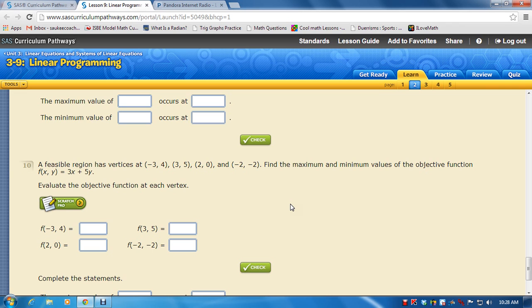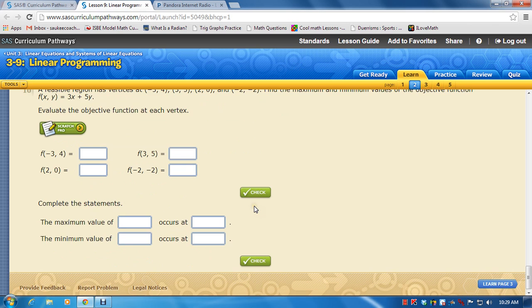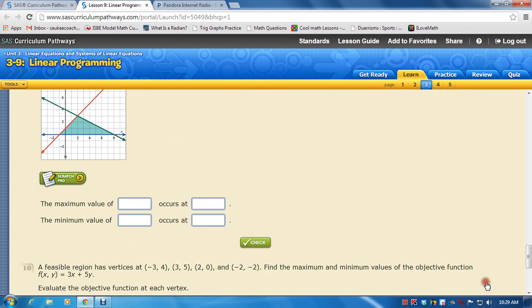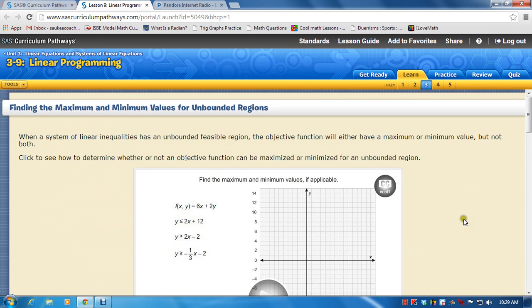If you're looking to maximize that amount of money, you would want to find all those vertices of that very first thing that we looked at and figure out, well, which one gives me the highest number. And that would be your maximum.